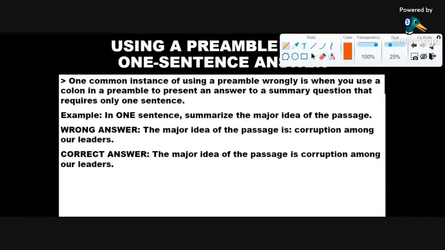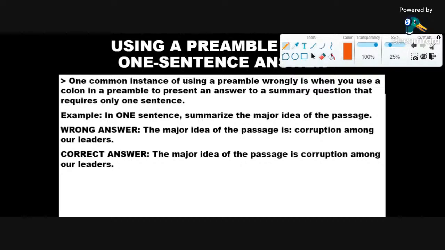Then your answer is already incomplete, because you have created a kind of preamble that presents phrases, contrary to the instruction that you should present your answers in sentences.